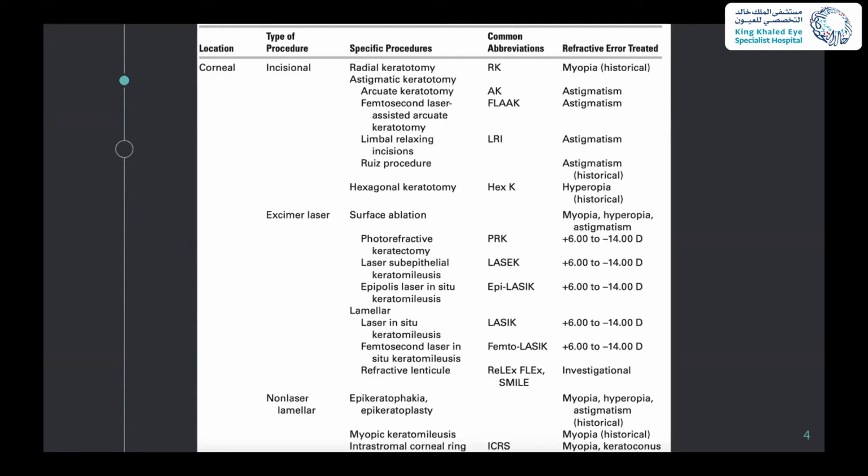It could be excimer laser as a surface ablation such as PRK, LASIK, EpiLASIK, or a lamellar-based excimer laser such as LASIK, femtoLASIK, or whatever includes extraction of a lenticule such as SMILE. And sometimes we do lamellar-based procedures that do not involve laser, for example epikeratophakia, and another example is the corneal rings.